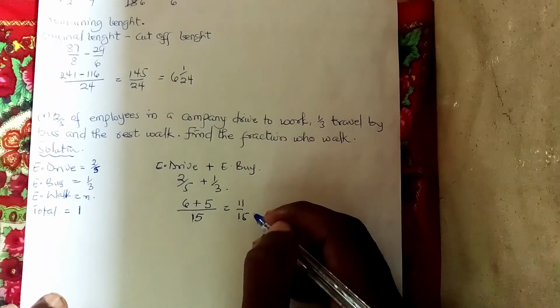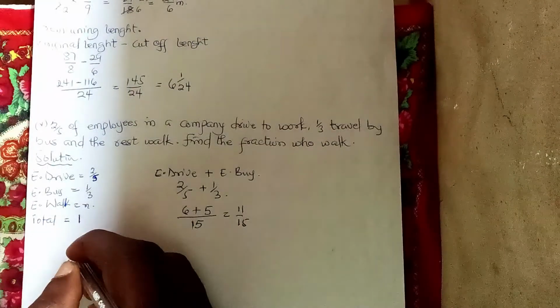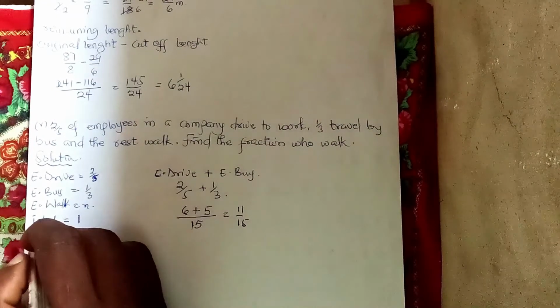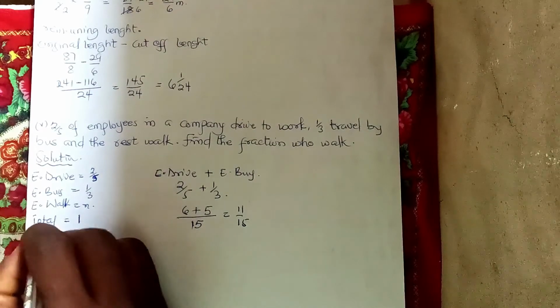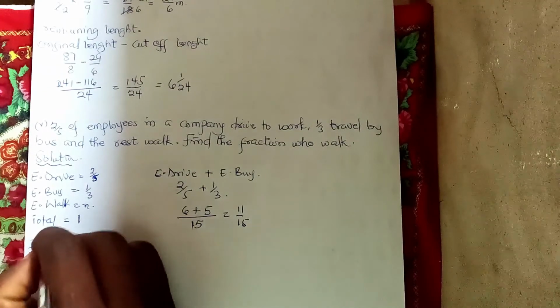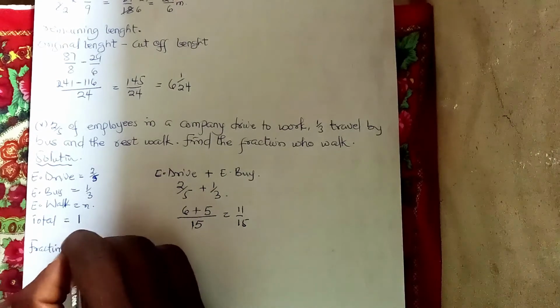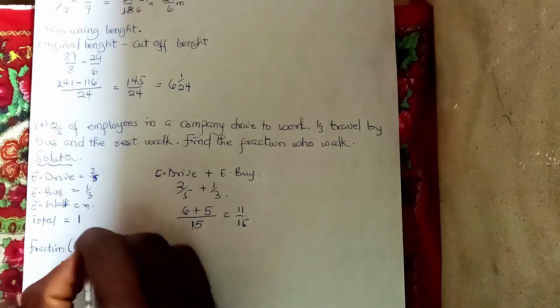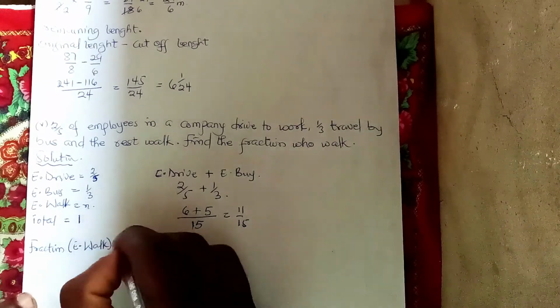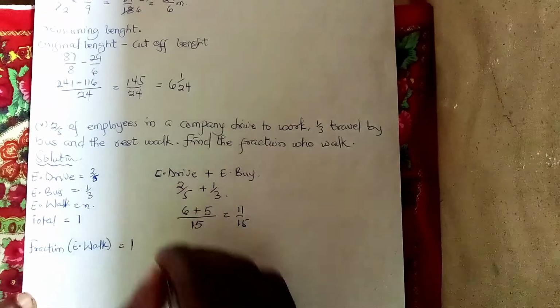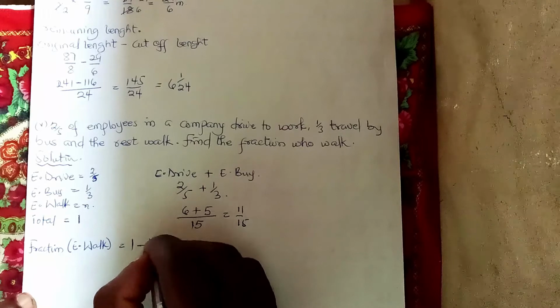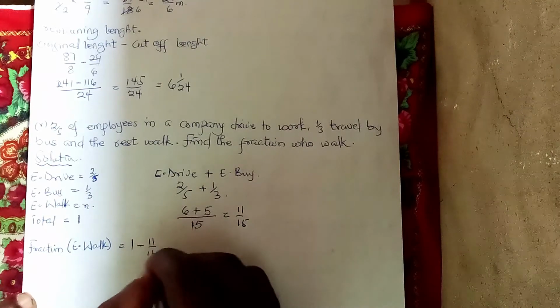So we subtract it from the total to get the fraction of employees that walk. So the fraction of employees that walk equals 1, that's the total, minus 11 over 15.